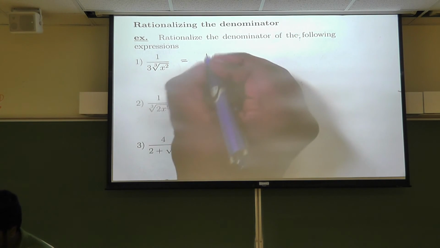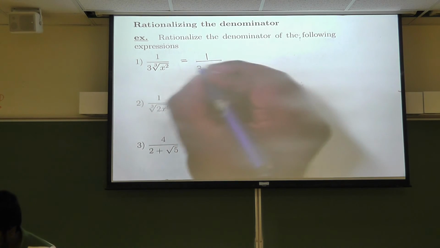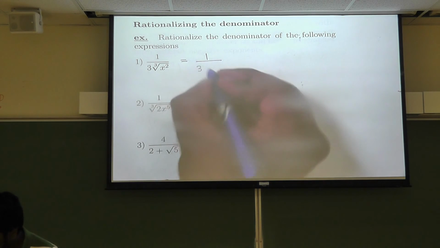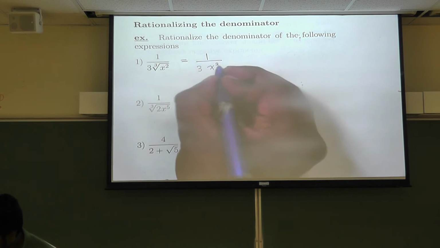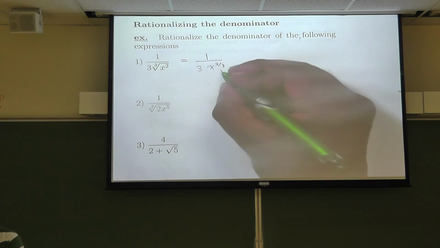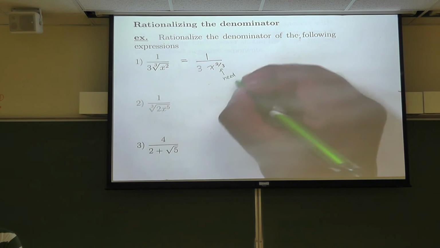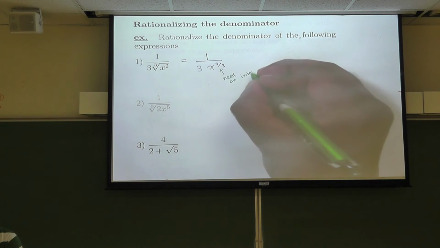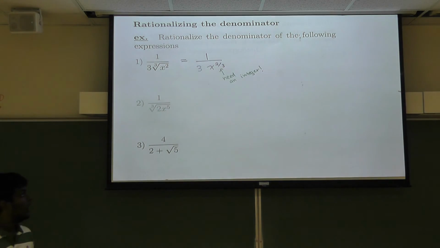Just rewrite this. 3 and cube root of x squared is the same as x to the power 2 over 3. Okay, now rationalizing means I need an integer here. I have right now 2/3.